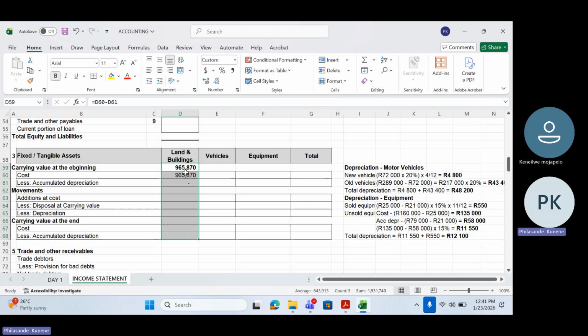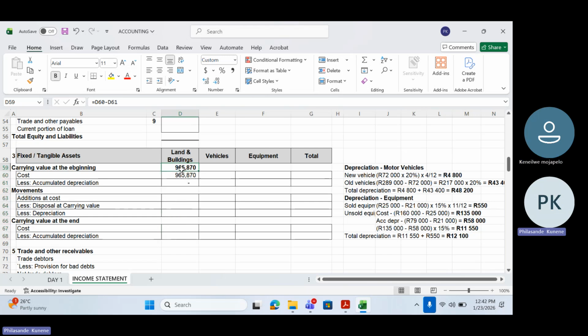But what we know is that land does not depreciate, it appreciates. The land, I'm only talking about the ground, the ground that has nothing on it. Then the buildings, anything that is built on that land, they do depreciate. Just like at your home, there is land and there's buildings. The house you're sitting in now does depreciate, but the land the house is built on does not depreciate.